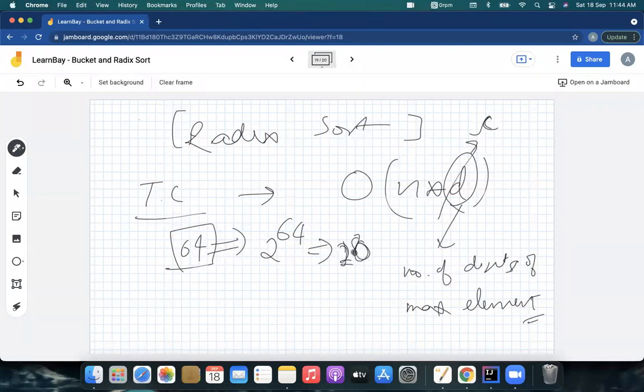So 20 is a constant, right? So you can assume this is a constant. You can't store in your computer a 64-bit integer which has more than 20 digits. Even if tomorrow we move to 128-bit, then this just grows linearly, 40 digits, 80 digits. So this is constant. So for integers, we consider this a linear time algorithm.